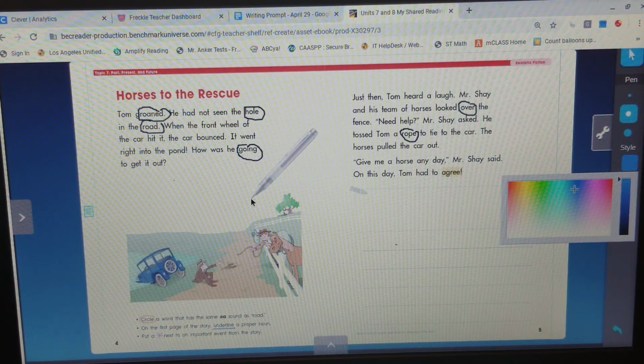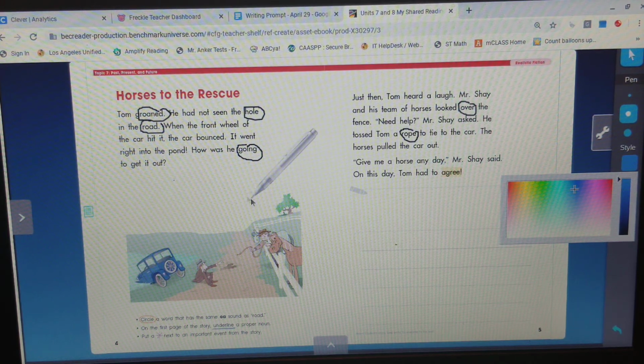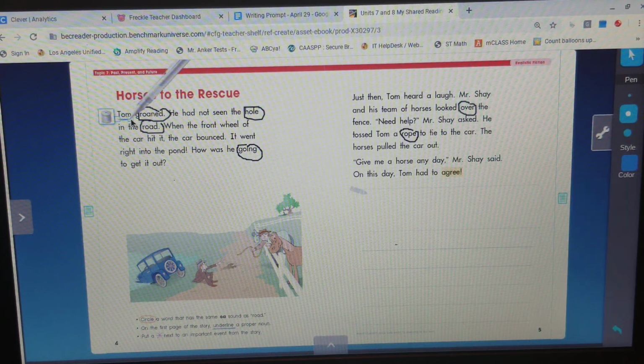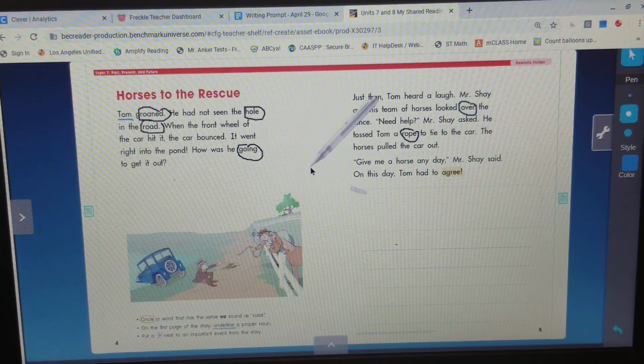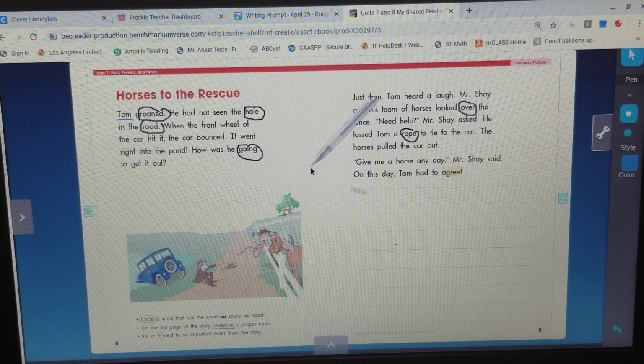So do you see a name for a person on this page? Yes. Tom. Good job. Underline Tom. And even though it says just on the first page, let's look at the second page too. We can underline Tom again.